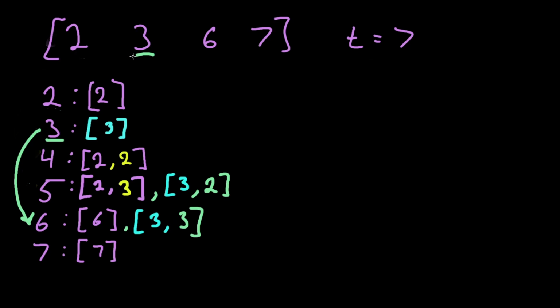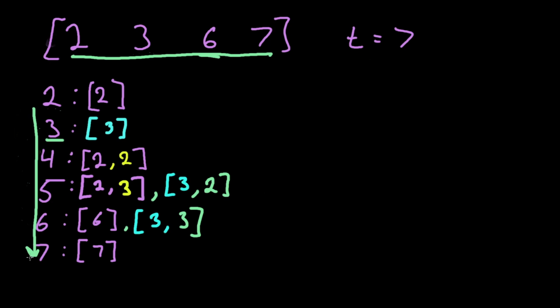And then we move on to our 6, and we say 3 plus 6 gets us 9, which is outside, so we're just going to stop. So we continue in this way until we get to our 7 using these values every time. And once we get to the end, we can just return this answer with whatever else is in here.